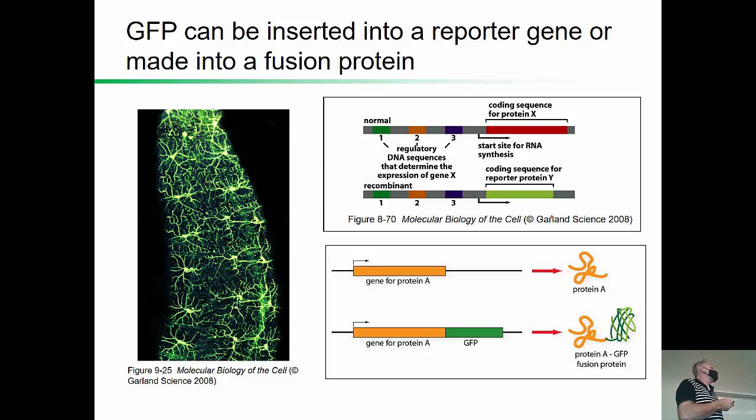We can see the entire developing neural network because it glows green, and all of the tissues surrounding it are dark because they don't have that right combination of factors to turn the gene on. And so reporter genes then are a really important feature that we talk about. We'll see examples of it later, and you'll definitely see it in your third-year courses.